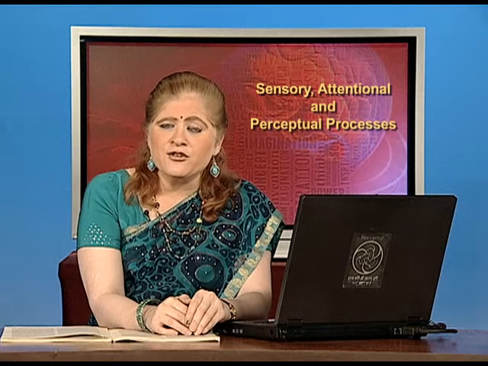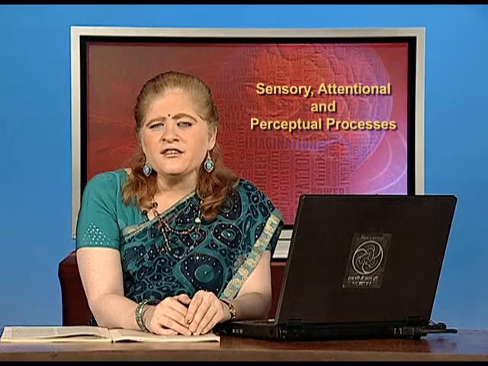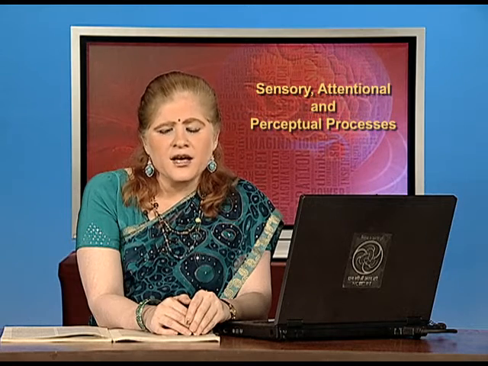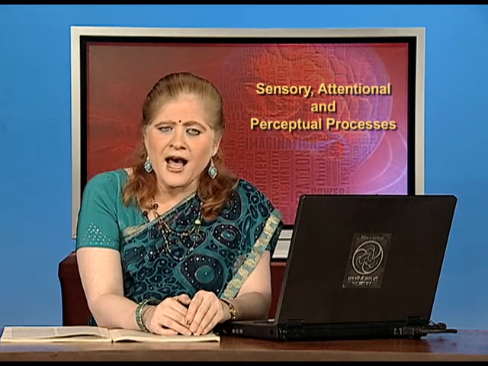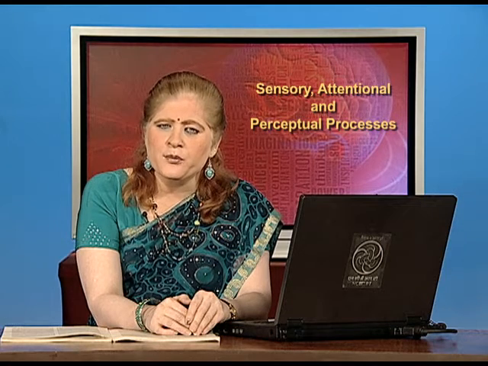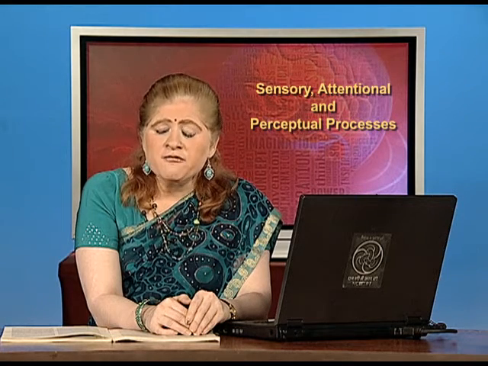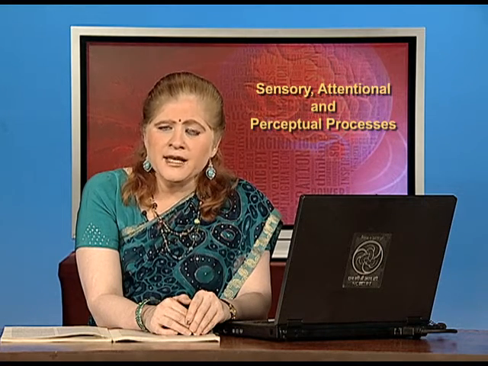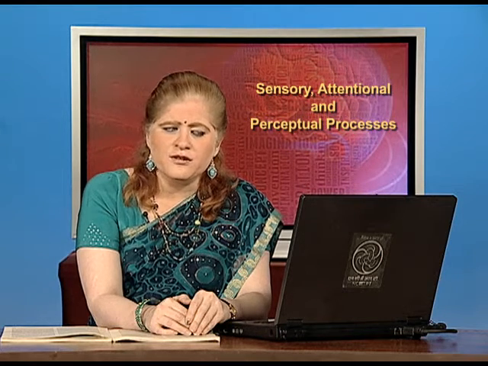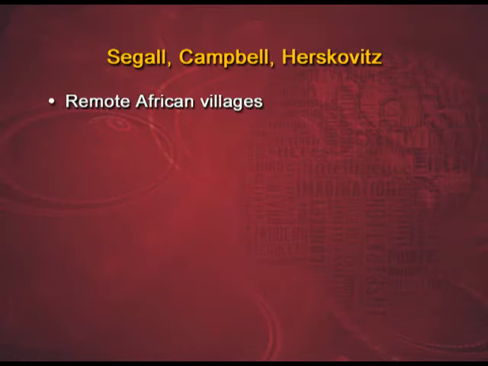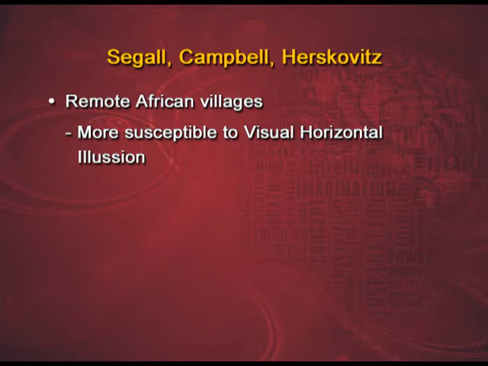Segall and his associates did a series of experiments with these illusions, with people from African jungles and those from the cities of Europe. Many differences were found between the African and Western populations. People from remote African villages are more susceptible to the vertical-horizontal illusion.